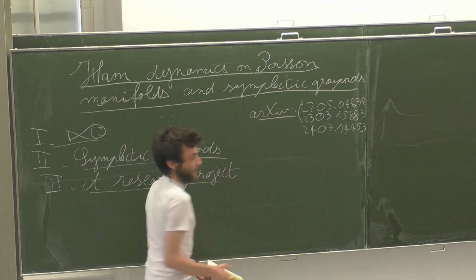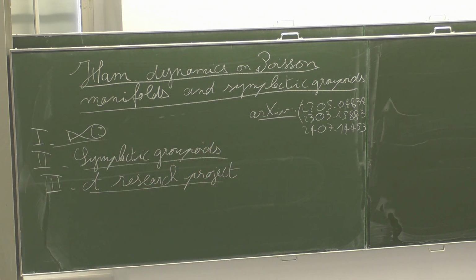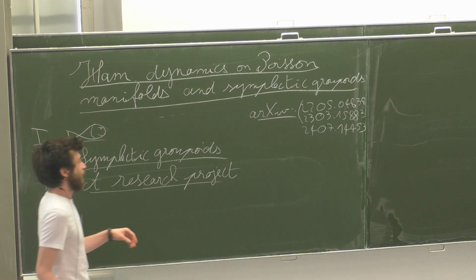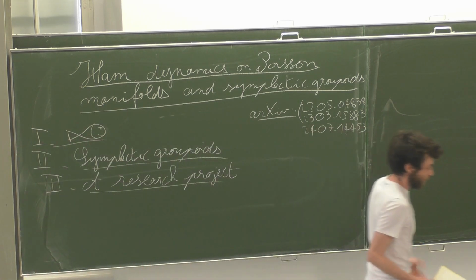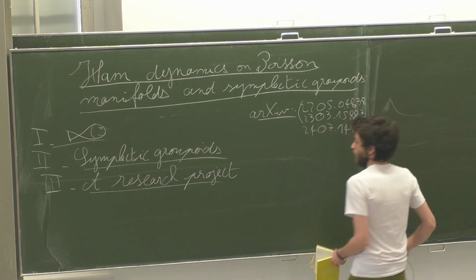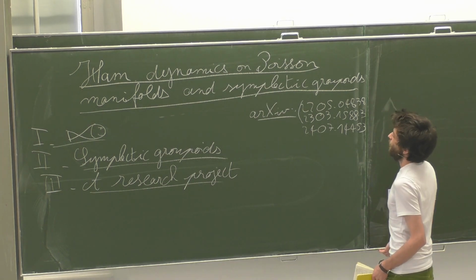So the first 2 are one way to deal with Hamiltonian dynamics and to approximate Hamiltonian dynamics on a Poisson manifold using symplectic groupoids. And the third one is the work about Poisson geometry and solid mechanics, and work about Hamiltonian PDE. I will tell you a bit in the third part.